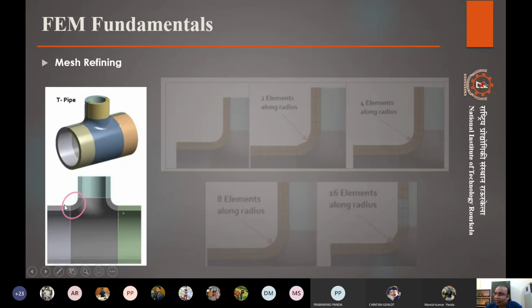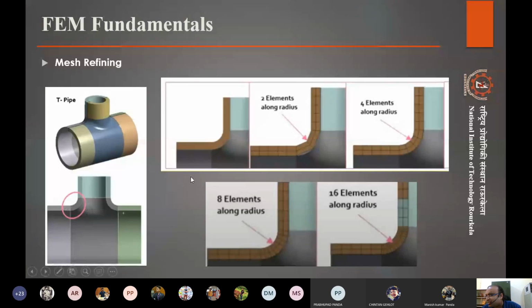They had a few ways. They started with a 2 element mesh along the radius and saw how the gap is formed. Then they increased the elements to 4, then 8, then 16.